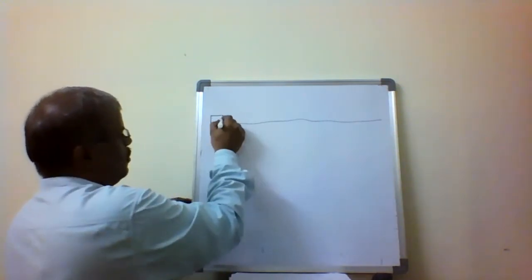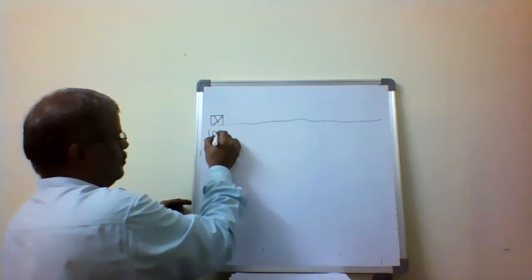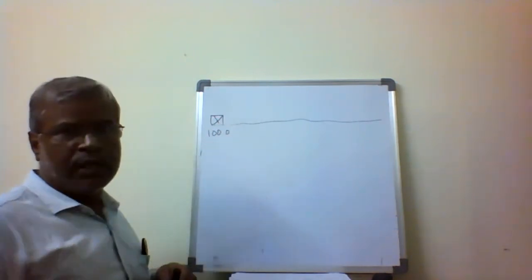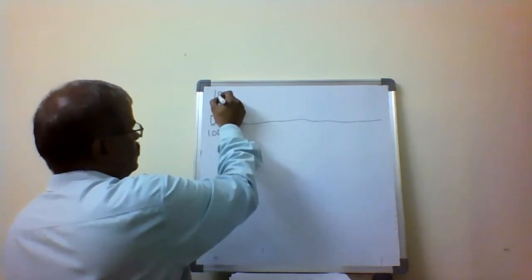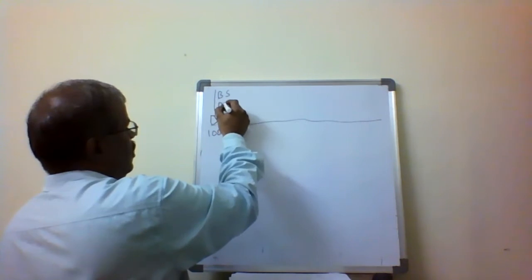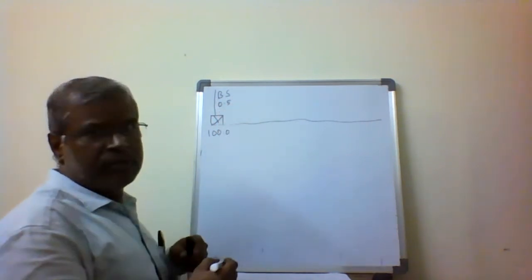So this is the benchmark, 100. One staff reading is the backside staff reading, which I am taking as 0.5.